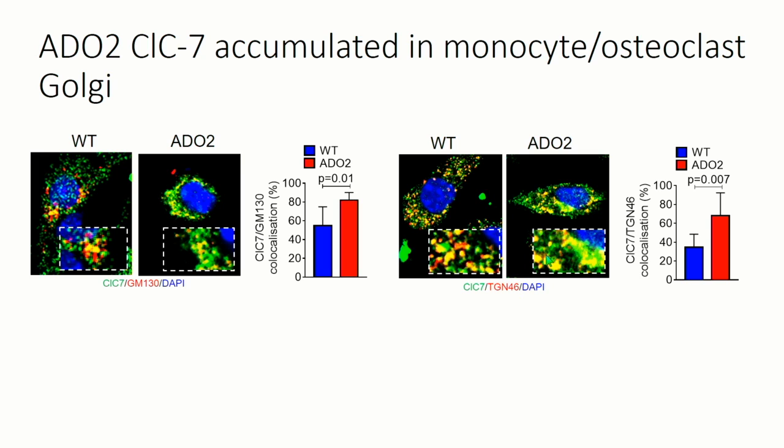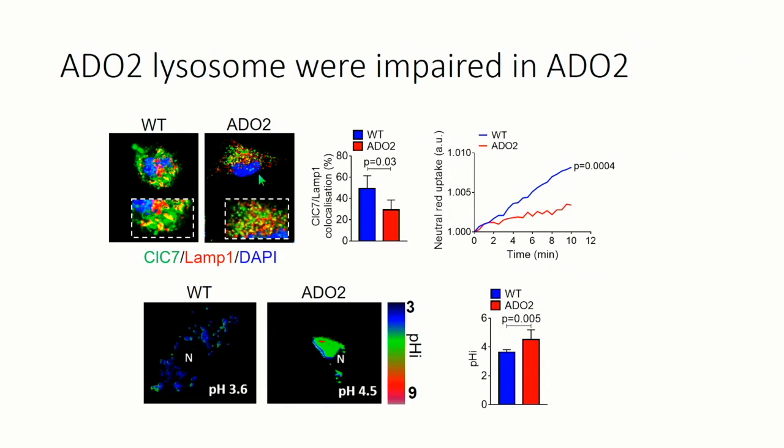So the transition from the Golgi to the other organelles is impaired. And this is demonstrated by the fact that, in contrast, the colocalization with LAMP1, a marker of the downstream lysosomes, is reduced. And the acidification ability of the lysosomes is also reduced.